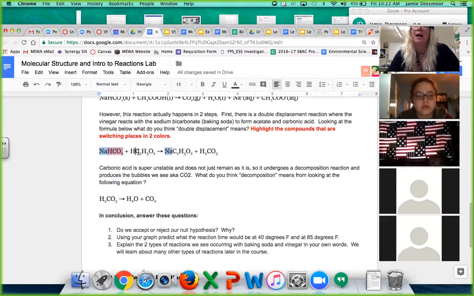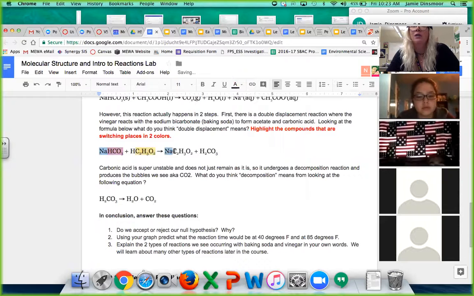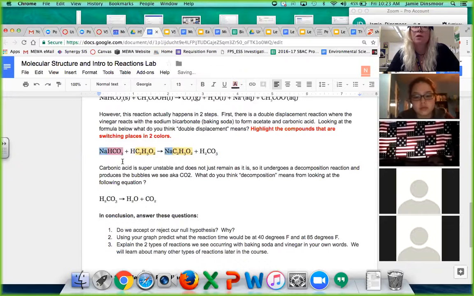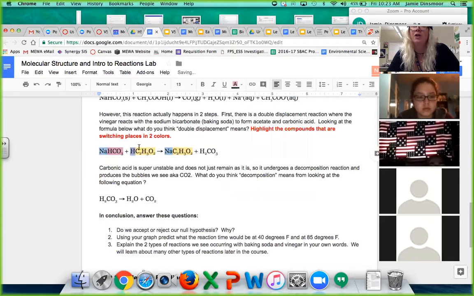We see C2H3O2. Let's do that. We're actually gonna use more than 2 colors, I lied. We see that actually joining with the sodium. And then what's interesting is this HCO3 actually combines with one H here to form this whole new compound.